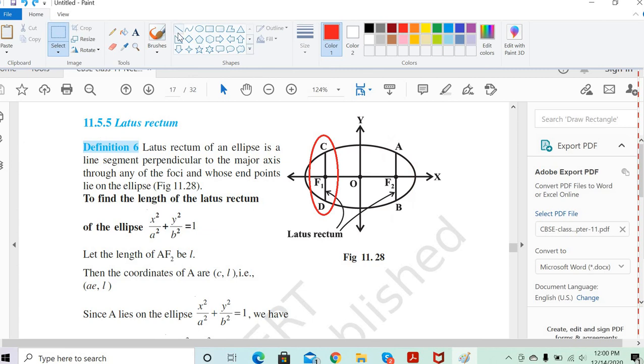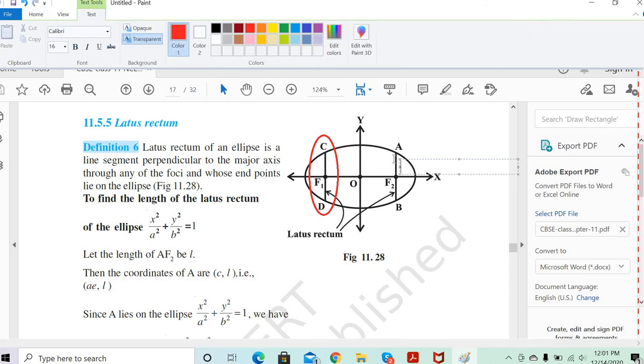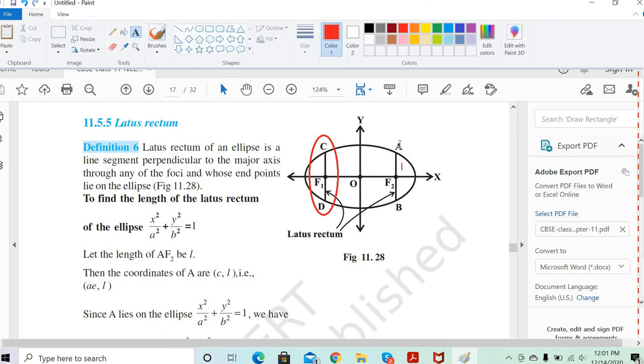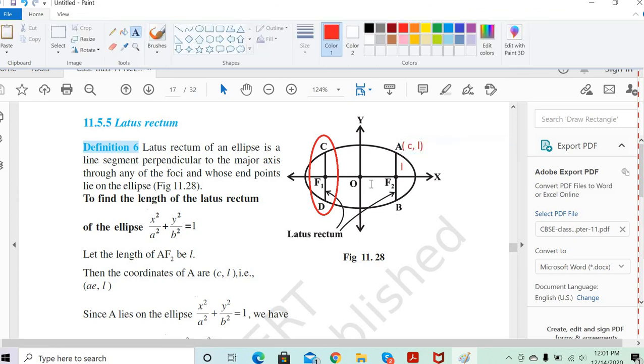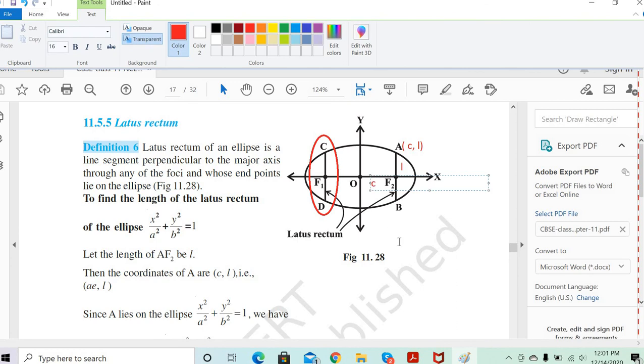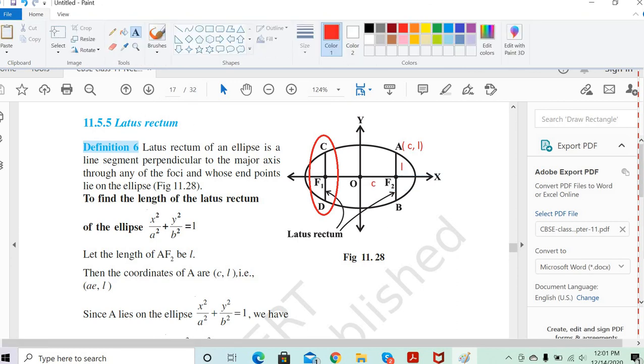If I say the length of AF2 is L, isn't it? Now the coordinate of A will be C comma L, because C is nothing but the distance of the OF2.